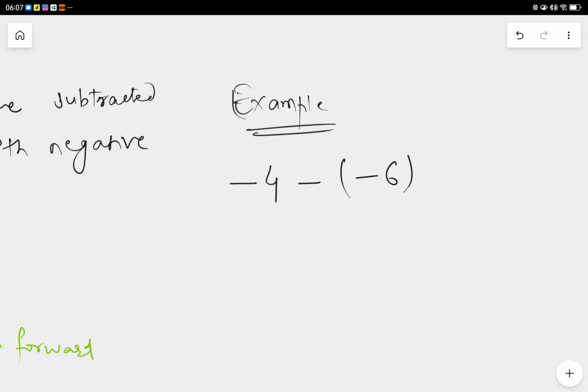So as I told you, the minus of -6 will become +6, so -4 plus 6. Okay, and you have been asked what the answer will be.